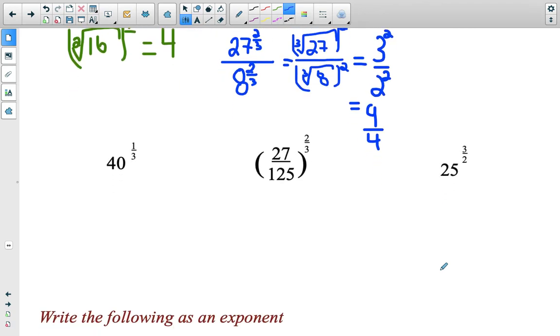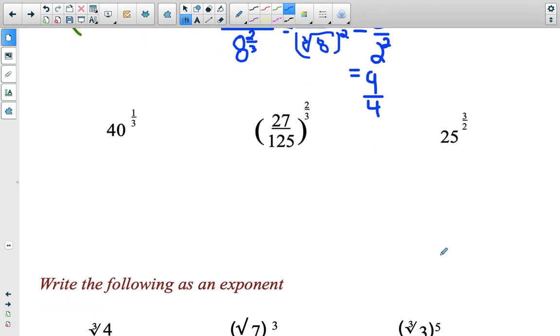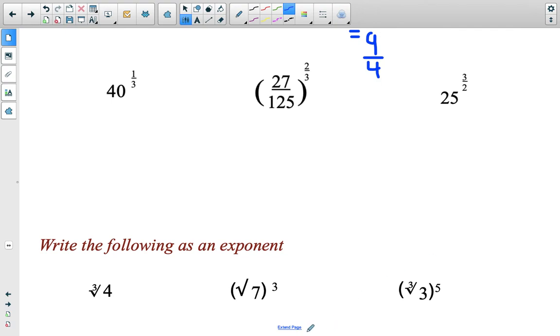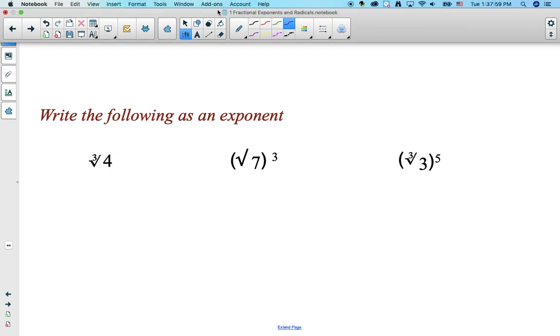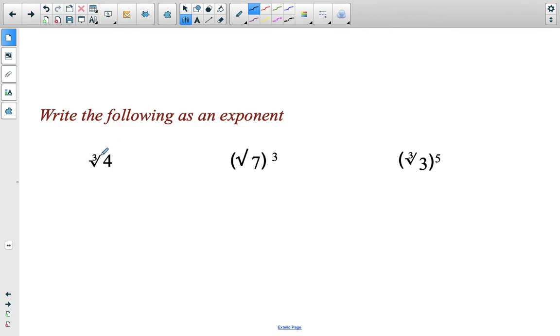I mean, all these are pretty straightforward. If we were to do the opposite, so if I want to write the following as an exponent, this here is the exact same thing as the cubed root of 4 to the power of 1. So if I were to rewrite this, it would be 4 to the power of 1 over 3.